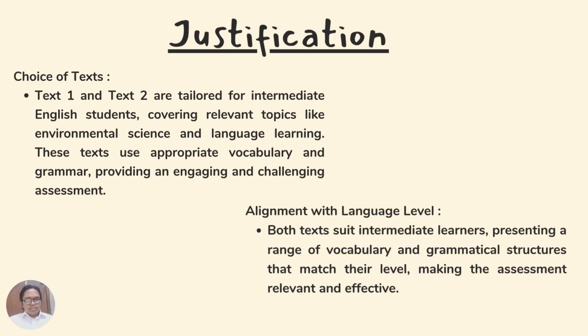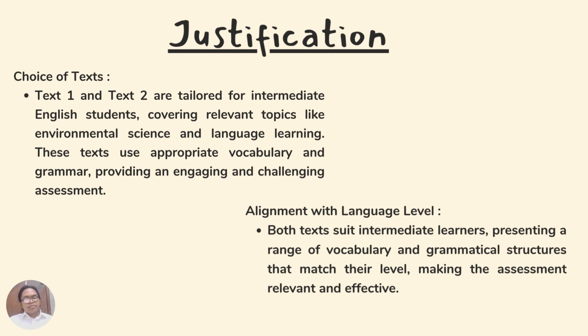And for the justification, we have the choice of text. Texts one and two are tailored for intermediate English students, covering relevant topics like environmental science and language learning. These texts use appropriate vocabulary and grammar, providing an engaging and challenging assessment.